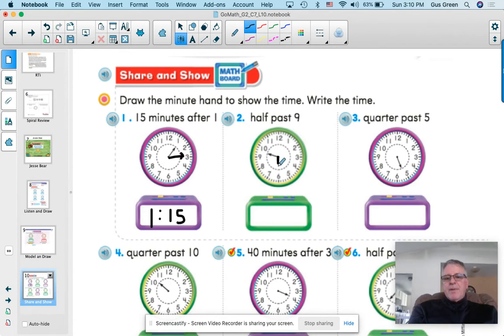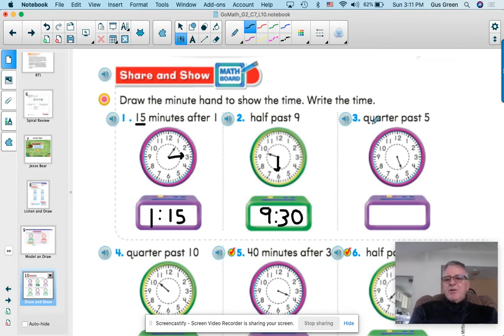And we draw the minute hand pointing straight down like this. And we would write that 9:30. So sometimes people will just say how many minutes past an hour the time is. Sometimes they'll say half past, which is the same as saying 9:30, 10:30, 11:30. It's halfway past that hour.